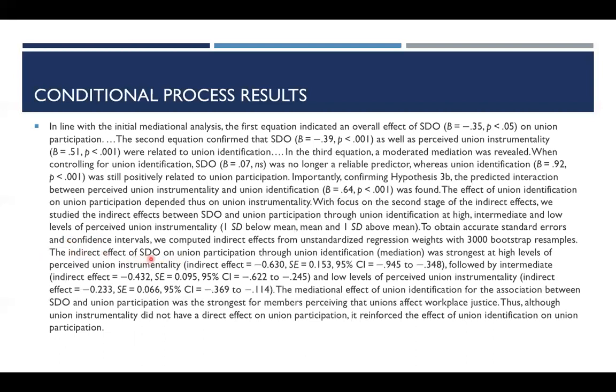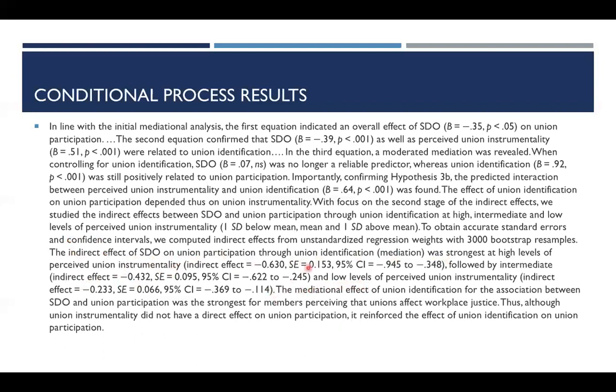The indirect effect of SDO on union participation, the mediation, was strongest at high levels of perceived union instrumentality, followed by intermediate, so there's the indirect effect, and low levels of perceived union instrumentality.